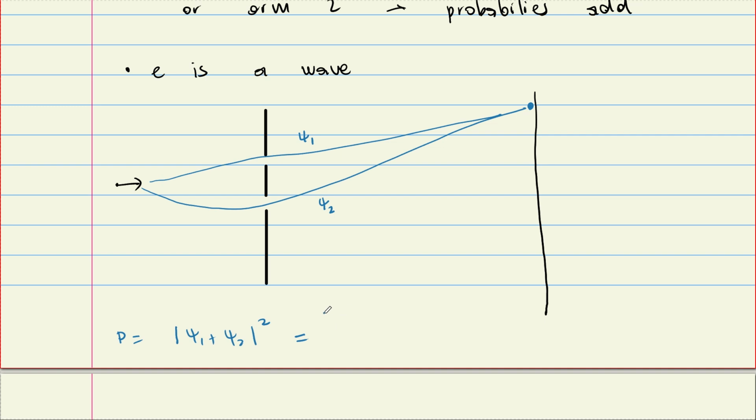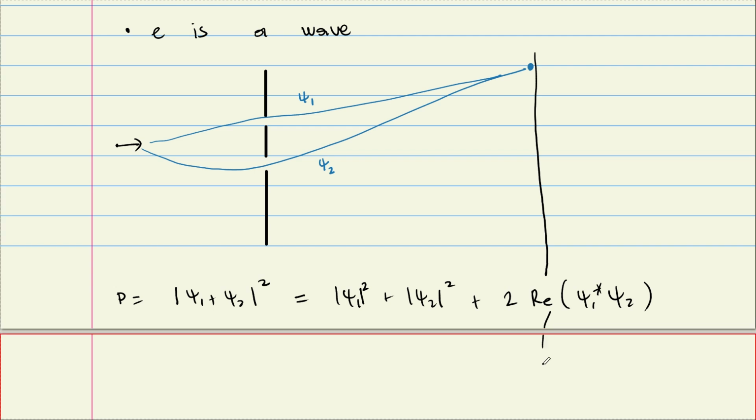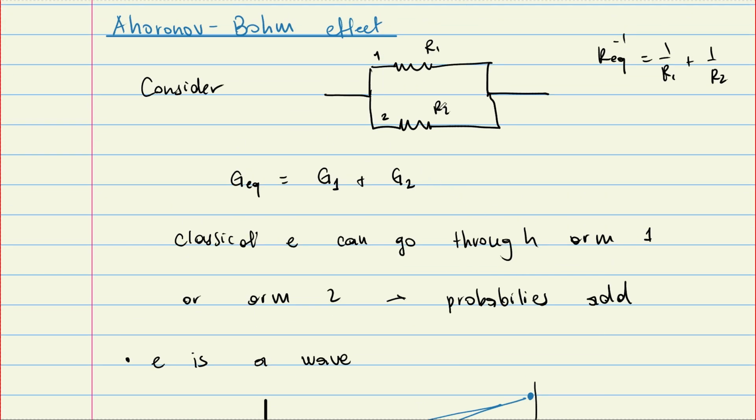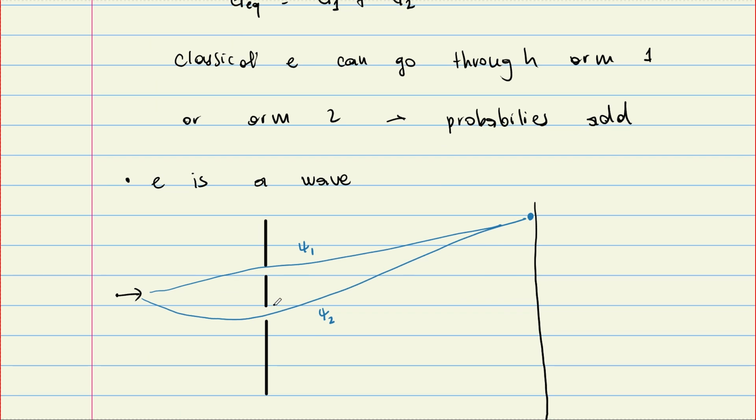And this is going to give us psi1 absolute value squared, the probability to go through 1, plus the probability to go through the second one, plus 2 Re psi1 star times psi2. And this last term is what we call the interference term. And in this classical circuit, at the moment, we don't have any interference terms. So this is a double slit experiment for the electron.